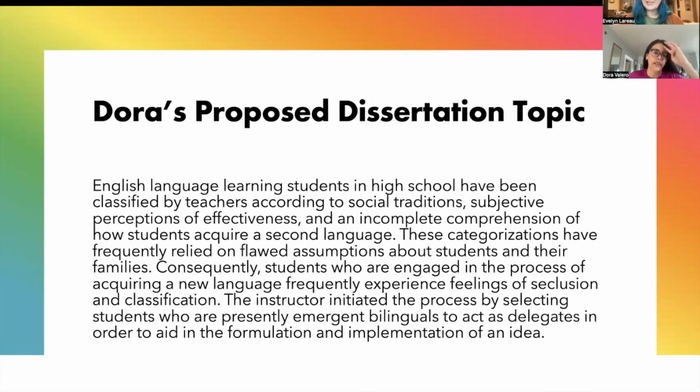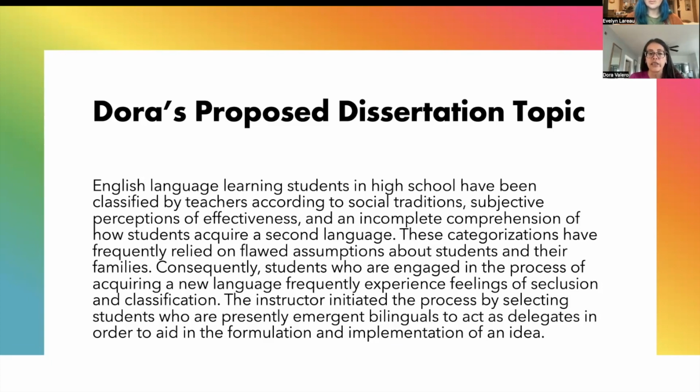So in my particular study, my passion is English language learners, and I think everybody knows that. And I'm always trying to level the playing field for them. So with my proposal, I was thinking of English language learning students in high school that have been classified by teachers according to social traditions, subjective perceptions of effectiveness, and an incomplete comprehension of how students acquire a second language.